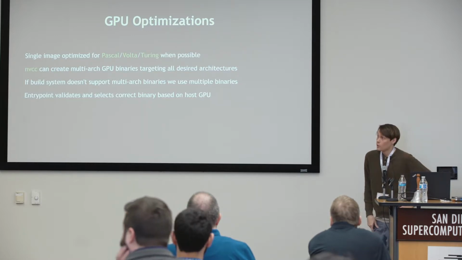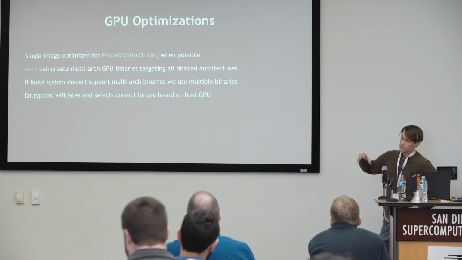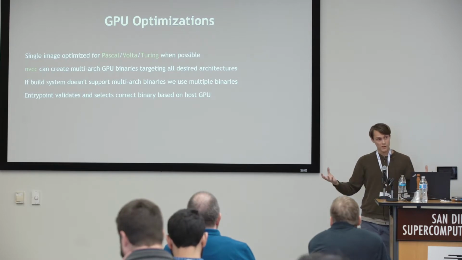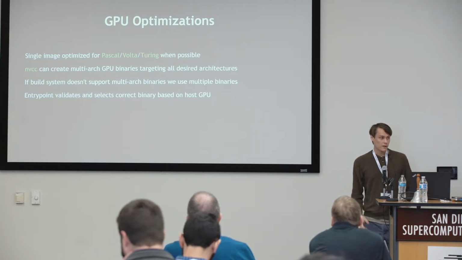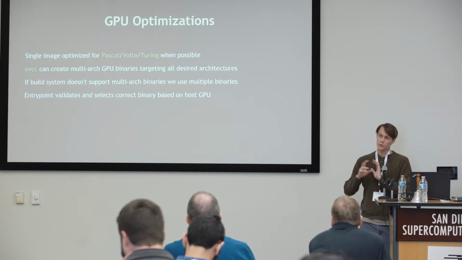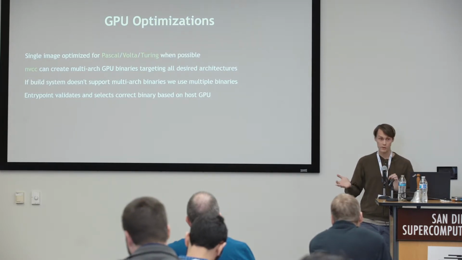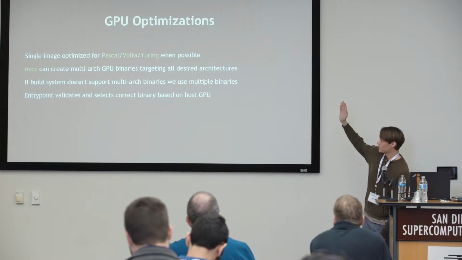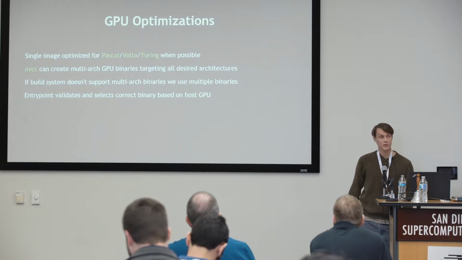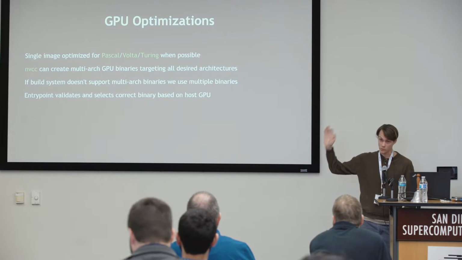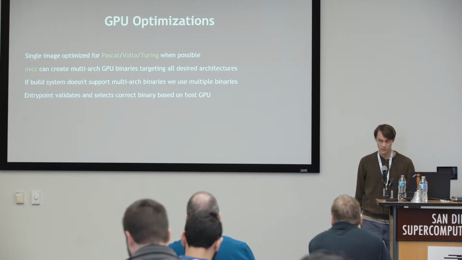And so what we need to do there is create Pascal, Volta, and Turing binaries of our application and use the entry point script to query the host when the container starts and set the PATH and LD_LIBRARY_PATH appropriately so that the Pascal version of LAMMPS is picked on a Pascal system and the Volta version is run on a Volta system.